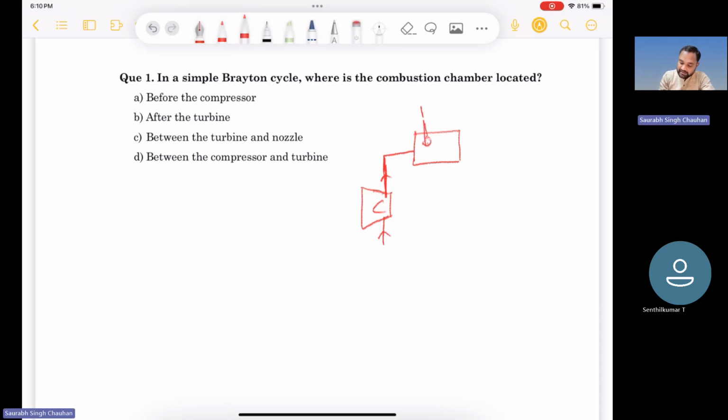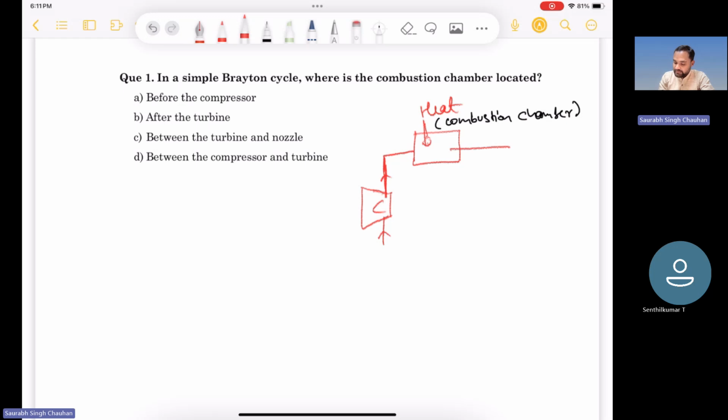So there is a heat addition process. Where is heat added? In the combustion chamber. After constant pressure heat addition, what we get is combustion products at very high pressure and temperature.